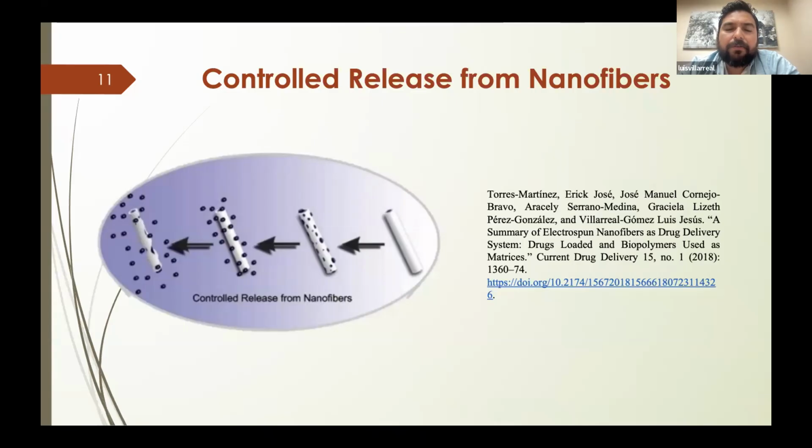We always use biodegradable polymeric materials where I know the time of degradation. Some polymers such as polyvinyl pyrrolidone degrade in seconds. Other kinds of polymers such as polycaprolactone degrade in months. So depending on the release I want, that is the polymer that I will choose for the system.